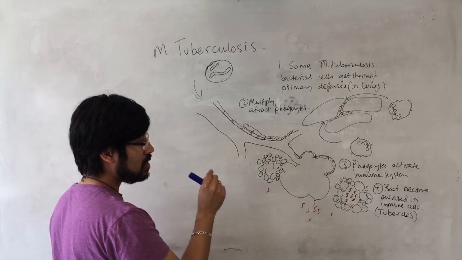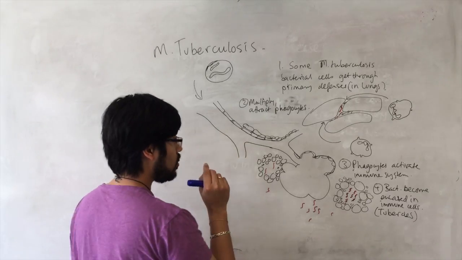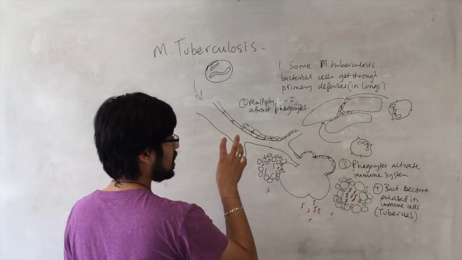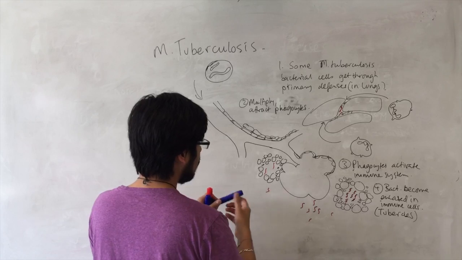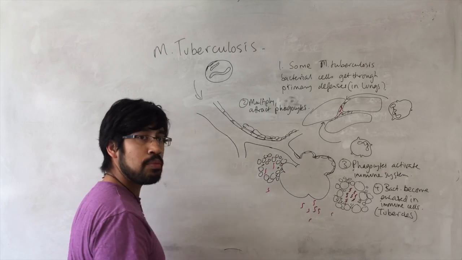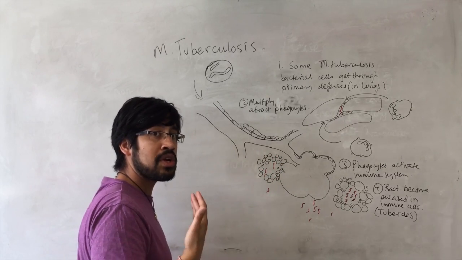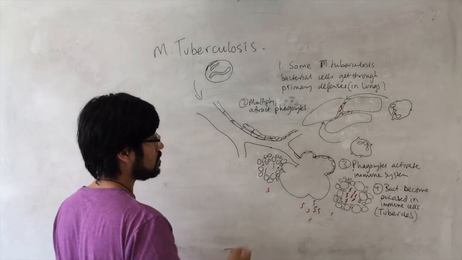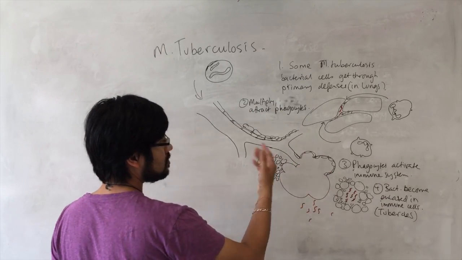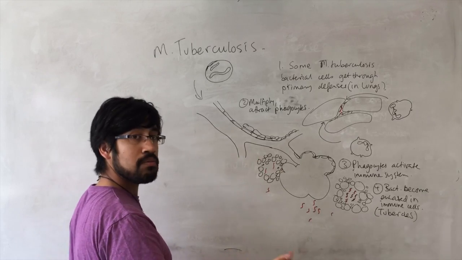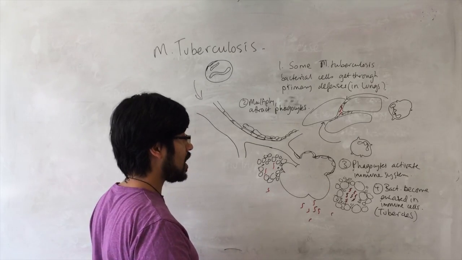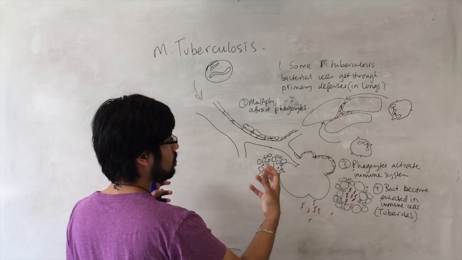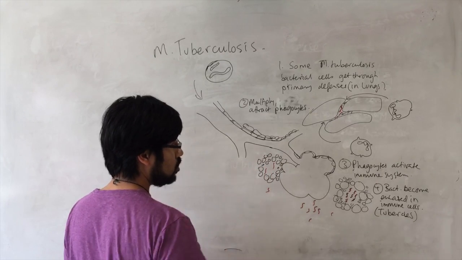Even though they're keeping the infection at bay, they are causing damage to the lung tissue, because they are occupying volume which could be used for gas exchange. We could be losing alveoli surface area, which we'd like to be used for gas exchange, but instead much of the volume of the lungs is taken up by these tubercles.